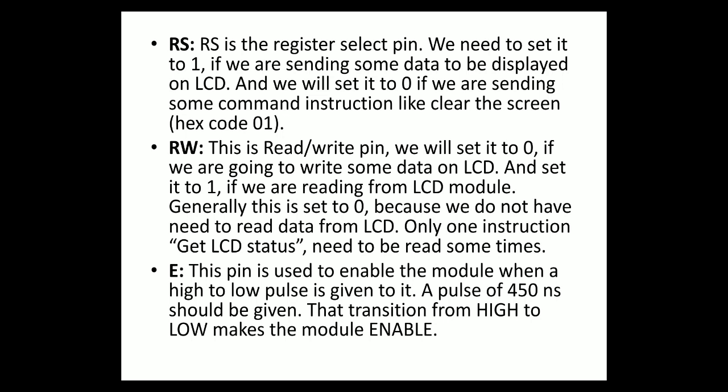Generally, we don't perform this reading from the LCD. It's a very rare operation. But sometimes if you are interested in knowing the status of your LCD, we do this operation also. But as you see in the program, most of the time RW is set to 0 because we are interested in sending data to the LCD module.